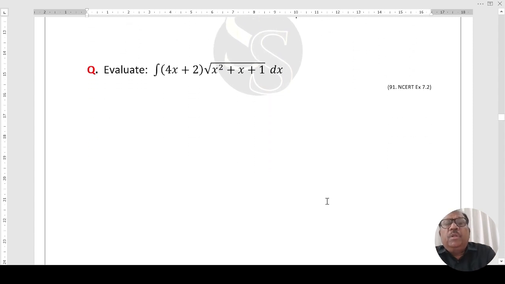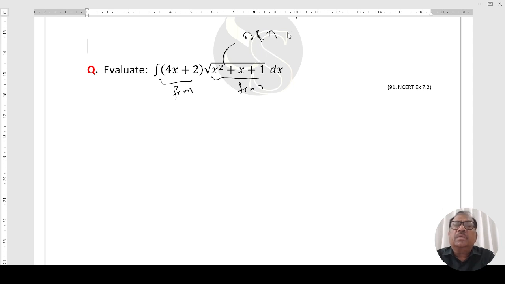In the same question, one is this function, one is this function, x square plus x plus 1. Differentiation of the function inside the radical sign is 2x plus 1. We can make it by taking 2 common.